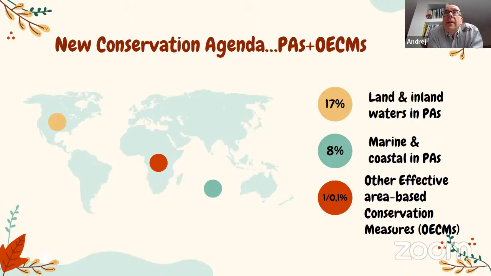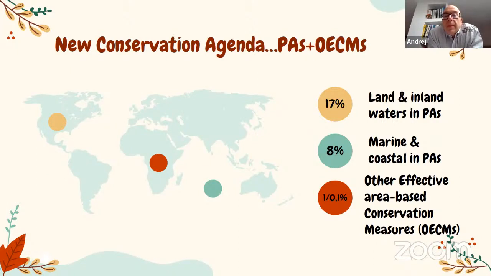And the third and new component is called OECMs, or other effective area-based conservation measures, which are not protected areas, but they are an important component of biodiversity conservation, because management of these areas is directed in a way that it also provides benefits for biodiversity conservation.